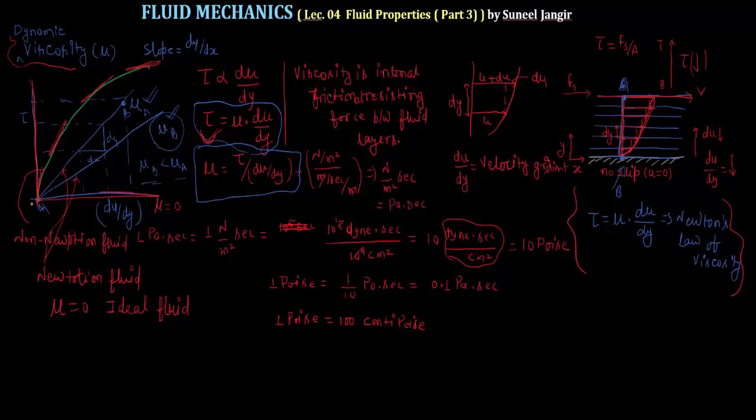On this line, du upon dy is 0, which means there is no velocity gradient. So these types of substances are termed ideal solids.